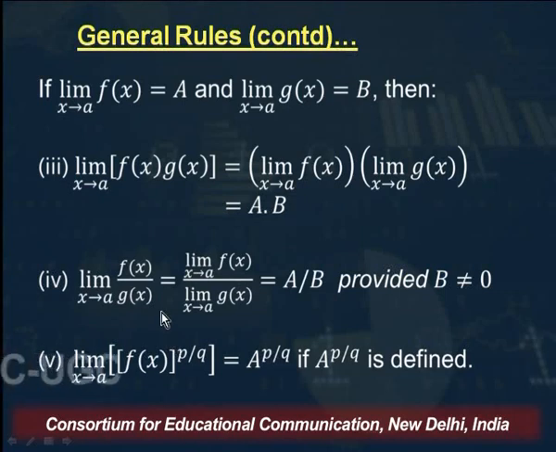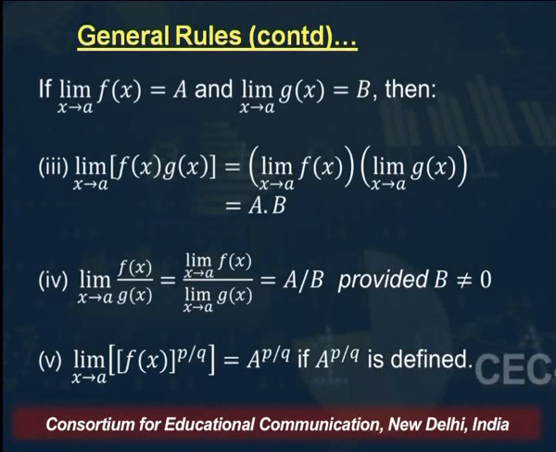Okay, the next one is important: the limit of the fraction f of x divided by g of x as x tends to a. Basically, the limit of the quotient is the quotient of the two limits. So that is going to be the limit of f as x tends to a divided by the limit of g as x tends to a, and these values are given to us as A and B, so A divided by B will be our result.